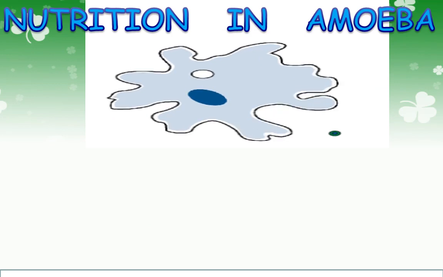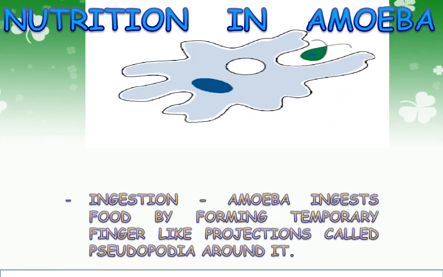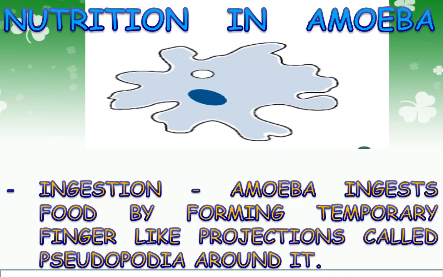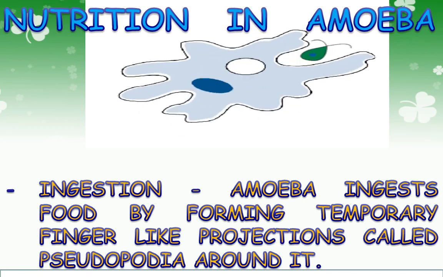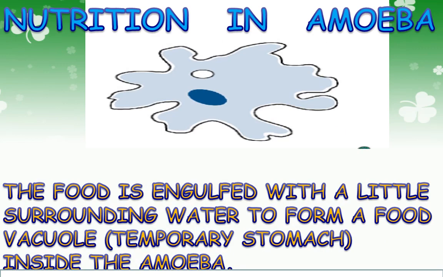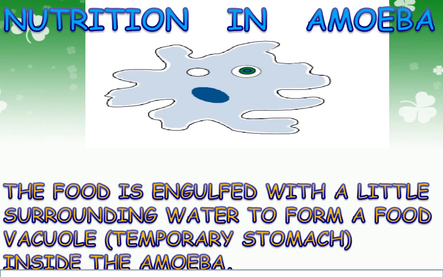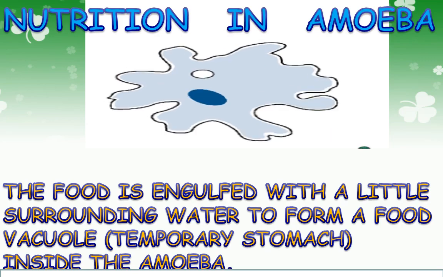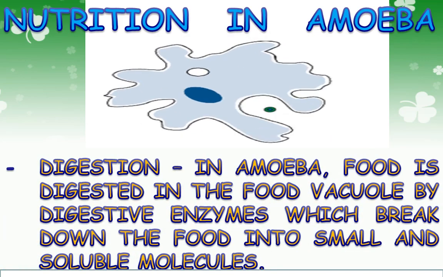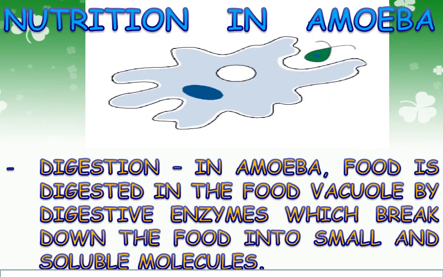Now we will see different steps of nutrition in amoeba. Ingestion. Amoeba ingests food by forming temporary finger-like projections called pseudopodia around it. The food is engulfed with a little surrounding water to form a food vacuole inside the amoeba. Food vacuole acts like a temporary stomach. Digestion. In amoeba, food is digested in the food vacuole.